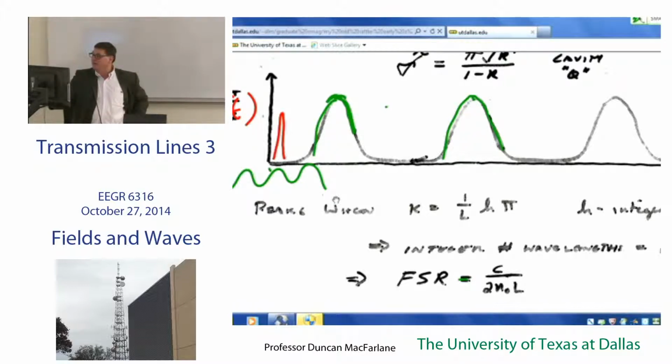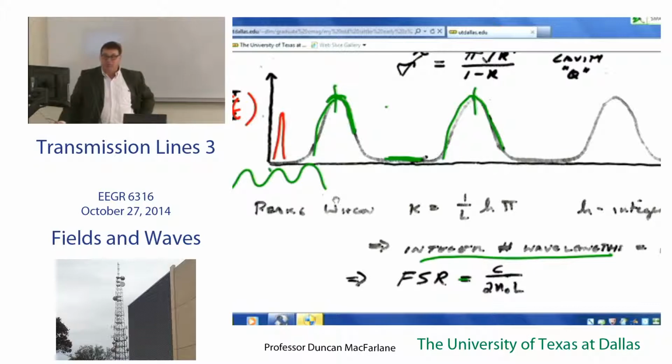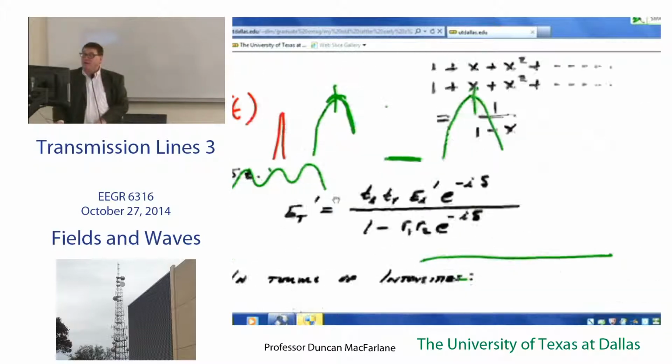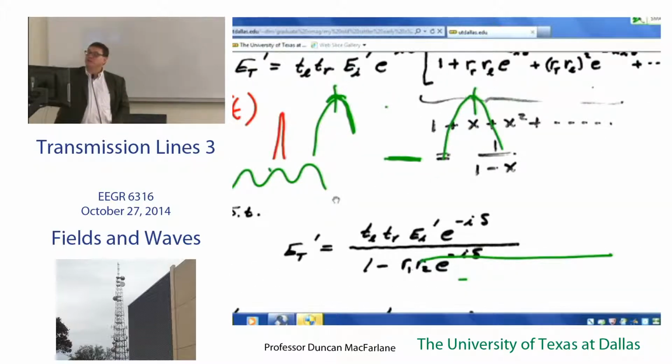Where is that? Integer number of wavelengths. Those go through this device. The wavelengths that don't add up in phase get rejected by the device. That's a sinusoidal argument. But regardless, it's the same structure.